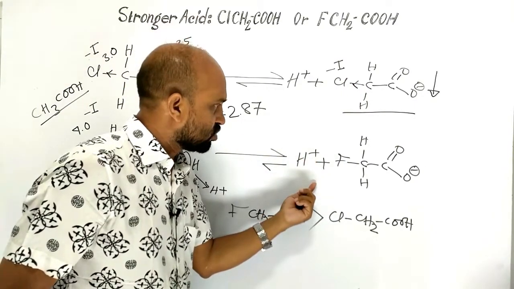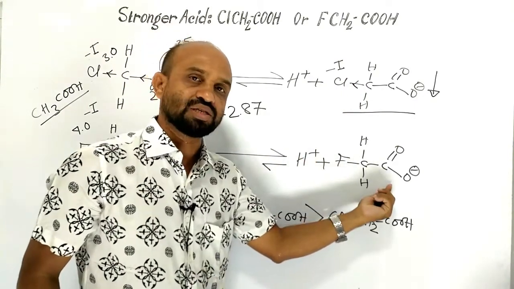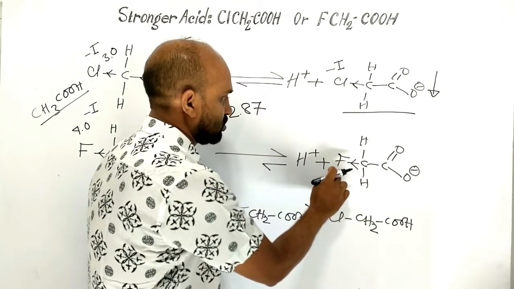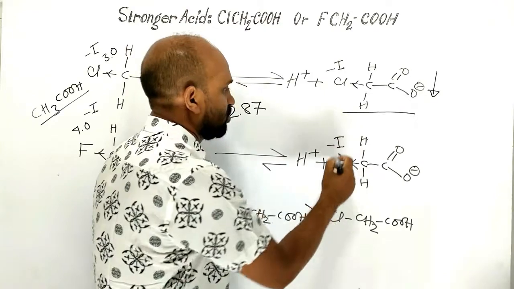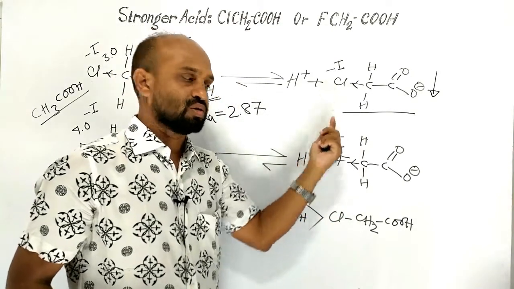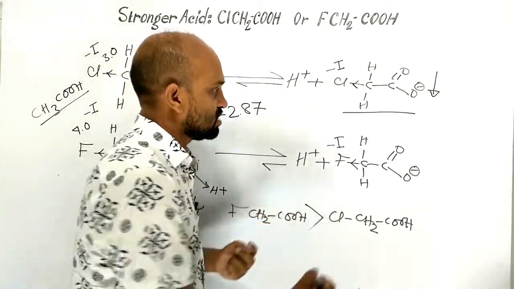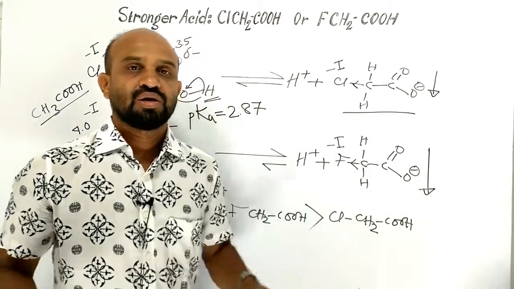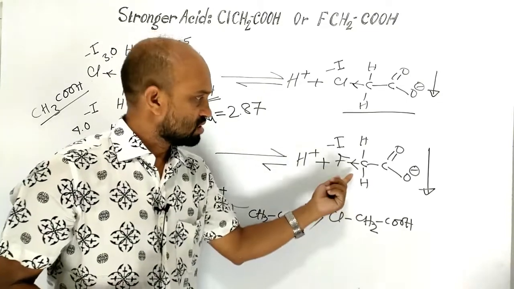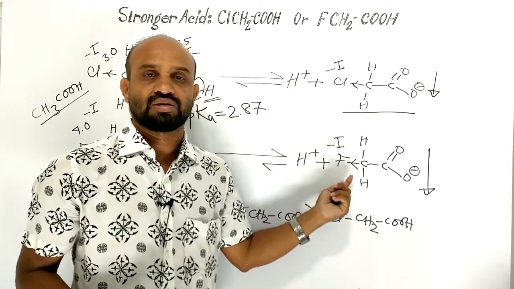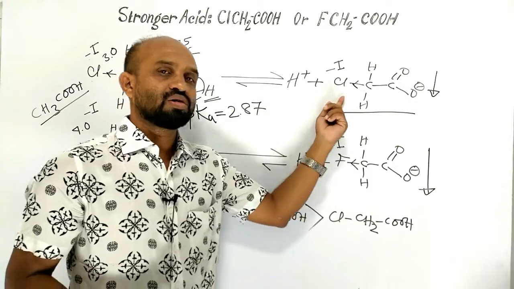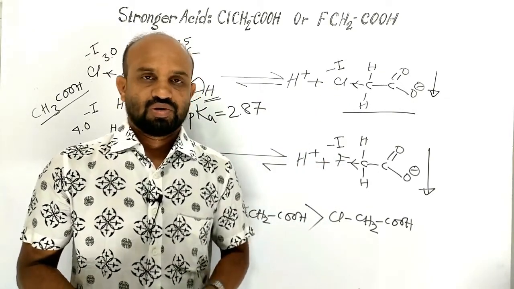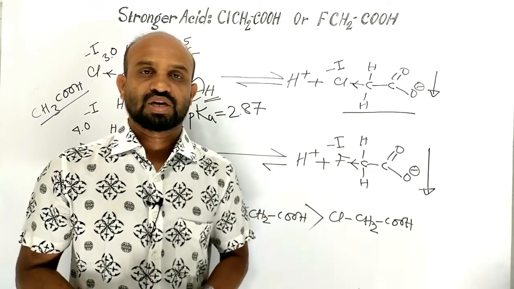But in the case of fluoroacetic acid, fluorine is a negative inductive effect atom which is more powerful than chlorine. So in the fluoroacetate ion, this negative charge is dispersed uniformly and the fluoroacetate ion becomes more stable than the chloroacetate ion after releasing the proton.